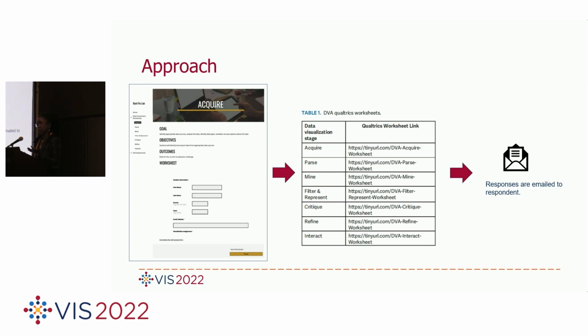This has actually helped in one or two cases where I've looked at the students' responses, and it was clear to me that they did not understand either one or two of the stages. I had a conversation with the student, and at that point they did say, well, yes, I wasn't clear on this particular concept. So it really does help, I think, in my experience, to see where students are and understand what they think they understand and try to help them to move forward in the process.